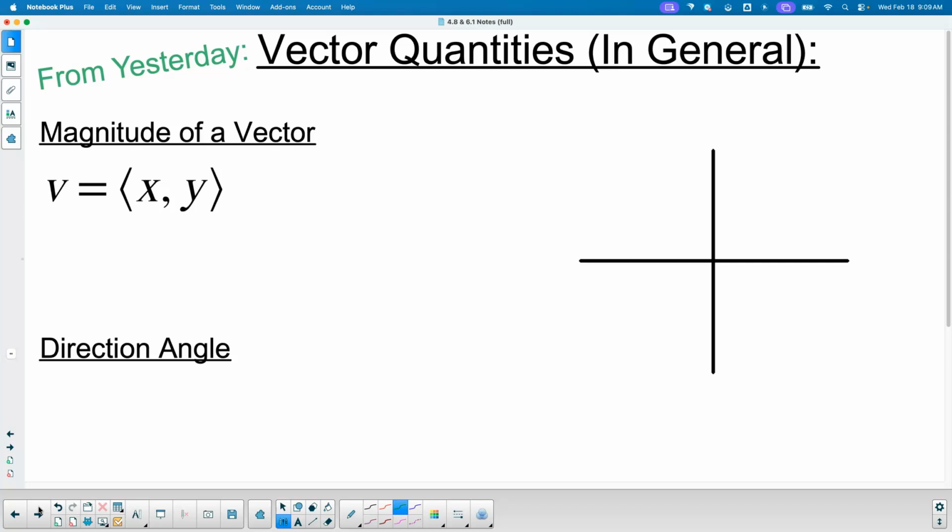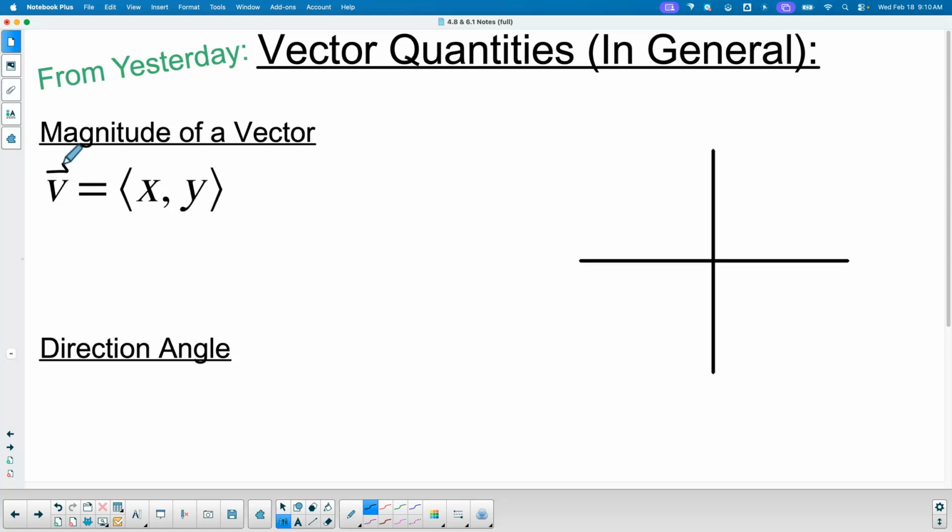So, from yesterday, we talked a little bit about the magnitude of a vector. Okay? So we've got vector v, and it's got the component form of x comma y.